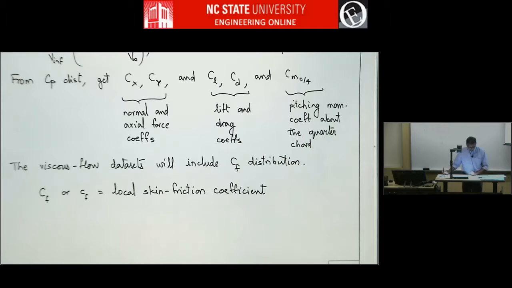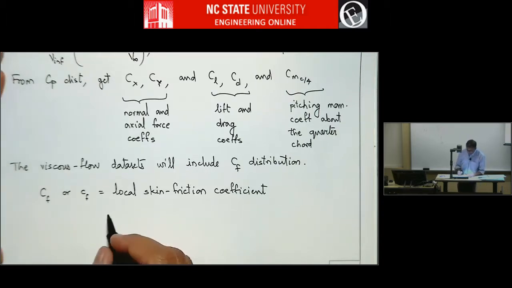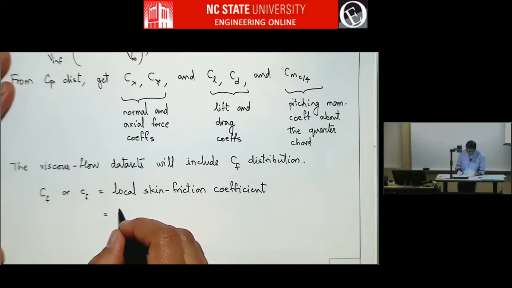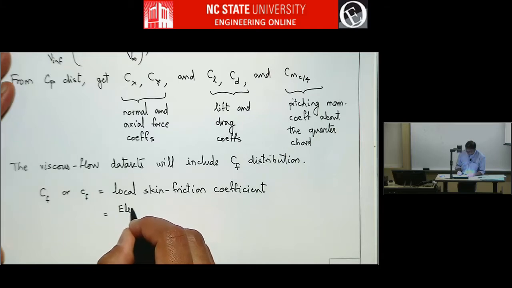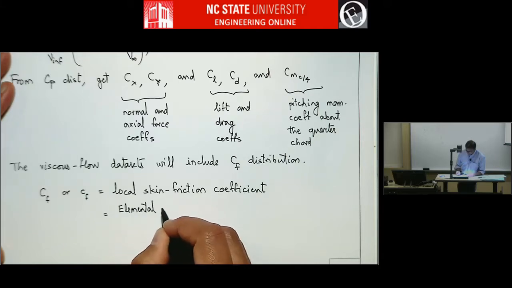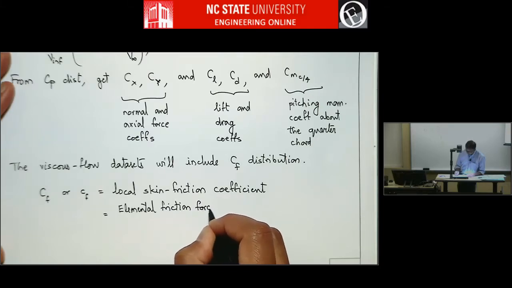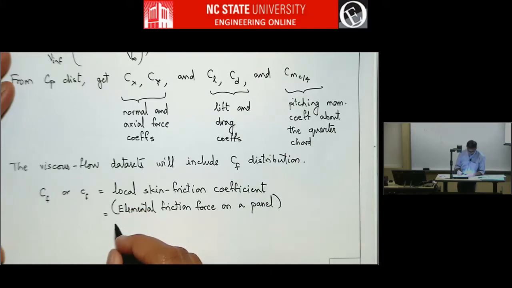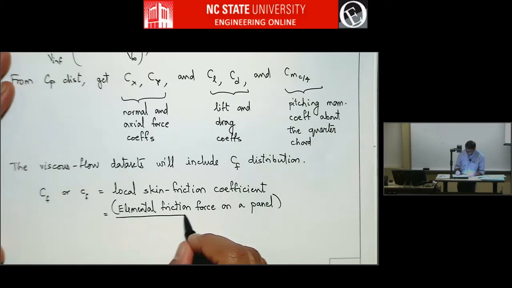And so this local skin friction coefficient is the skin friction force on a panel. So let me call that elemental friction force on a panel, divided by half rho V infinity squared times area of the panel.